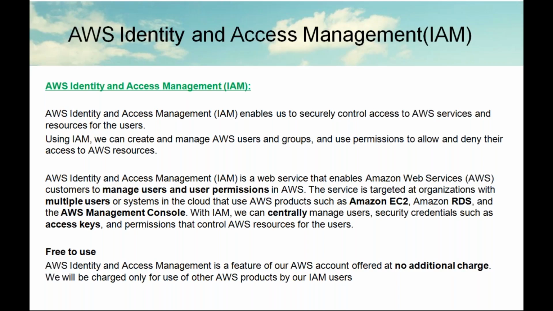Next, AWS Identity and Access Management is a web service that enables Amazon Web Services customers to manage users and user permissions in AWS. The service is targeted at organizations with multiple users or systems in the cloud that use AWS products such as Amazon EC2, Amazon RDS (Relational Database Service), and the Management Console.